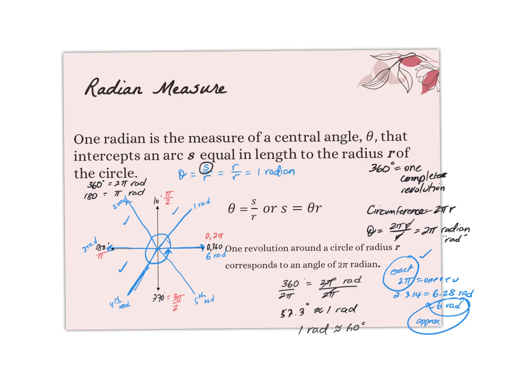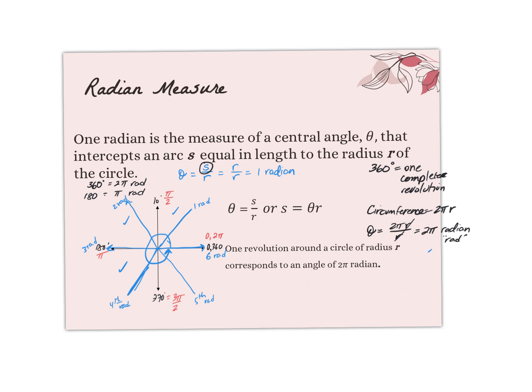Okay. So I think we've covered all the important things for this slide. Again, there's a formula here that I want to touch upon. An angle in terms of radians is the arc length over the radius. If I play around with the equation and multiply both sides by r, I get that S equals theta times r.